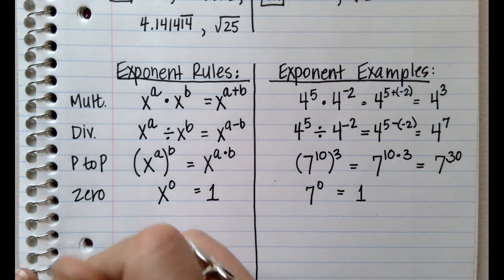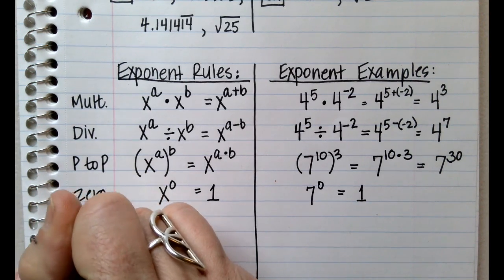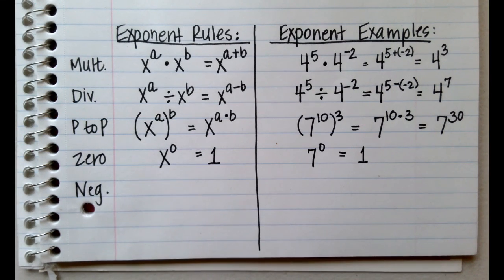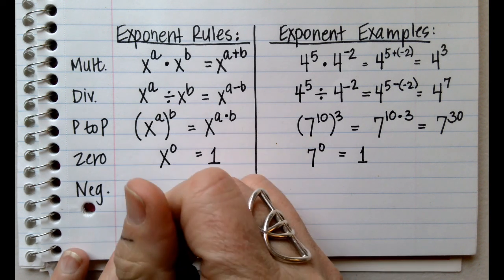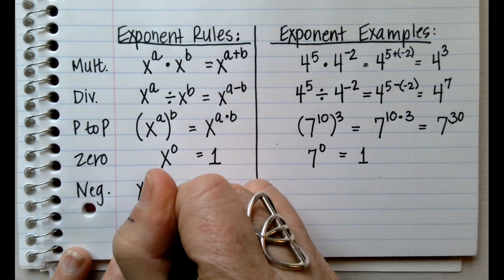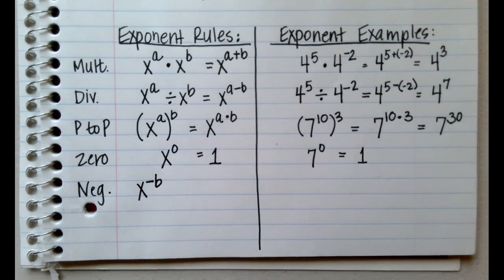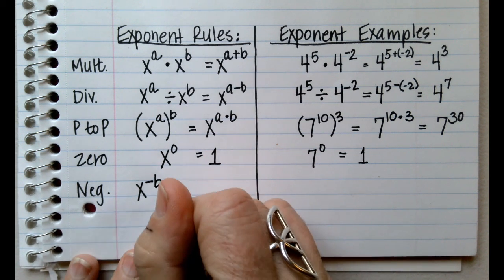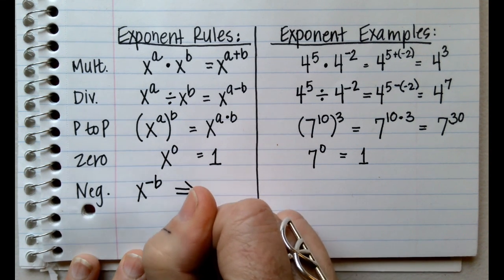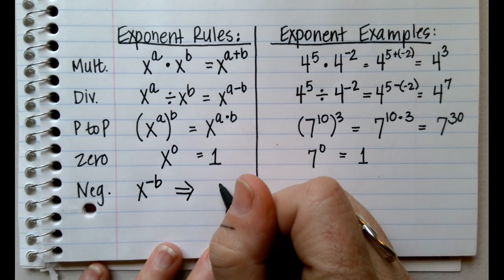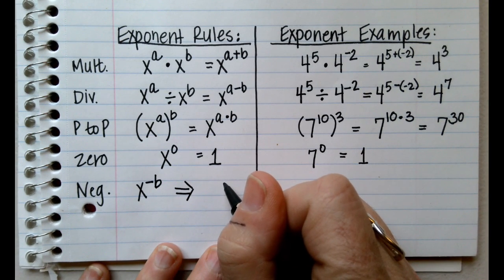Your last rule was the negative exponent rule. And what we talked about with the negative exponent rule was if I get an answer, a base, with a negative exponent, so negative b, let's say, in order to write that as a positive exponent, in order to convert that to positivity, I'm going to keep the base and I'm going to keep that exponent, but I'm going to find the reciprocal.